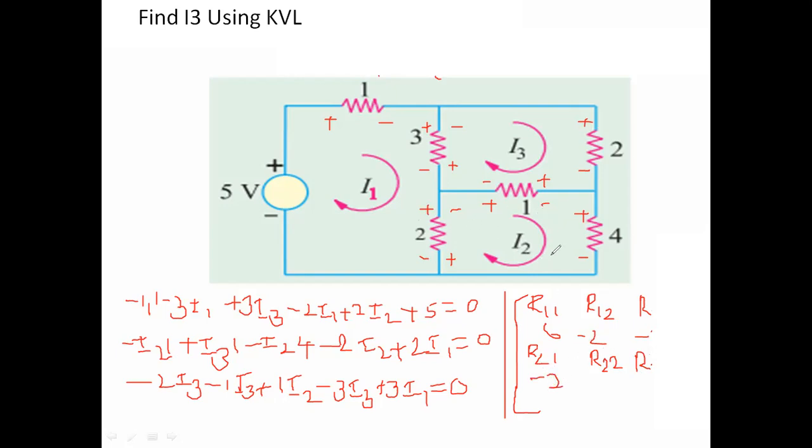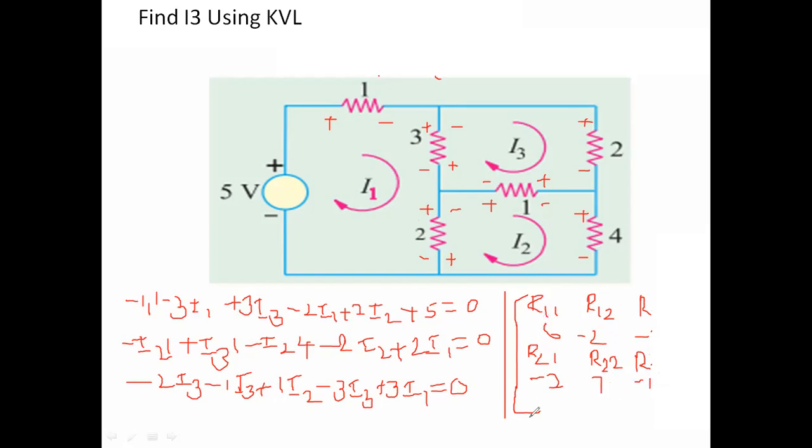R22: in this loop, the resistors connected are 1 plus 4 plus 2, which is 7. With respect to the third loop, it is 1, so minus 1.